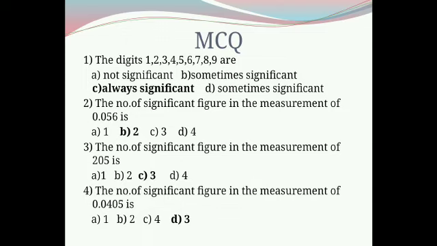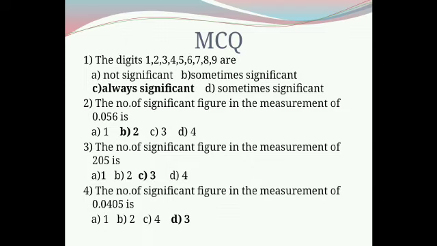In chapter 1 we saw the different points: units, types of units, physical quantities, systems of units, dimensions, how to write dimensional formula, error, types of errors, estimation of error, significant figures, and rules for determining significant figures. Now we solve these MCQs.